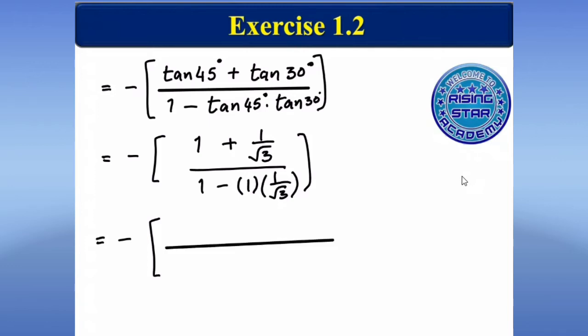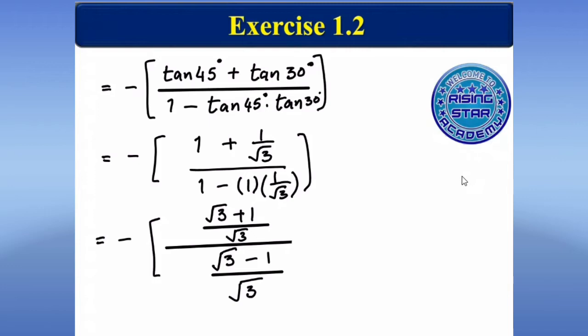So here the LCM would be square root of 3. So we have square root of 3 plus 1. Similarly, in the denominator, we also have the square root of 3. So we have square root of 3 minus 1.